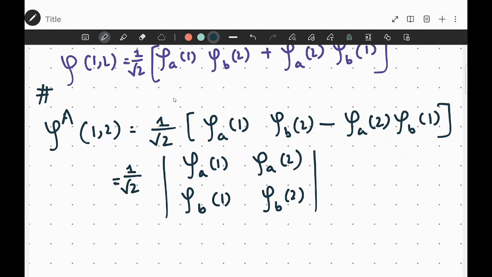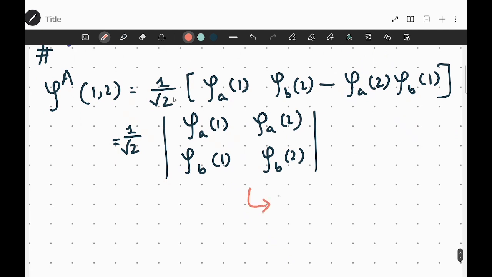You can write it as a determinant. Do you know what it is called? Slater determinant. So for fermions, you can write the wave function through this Slater determinant.